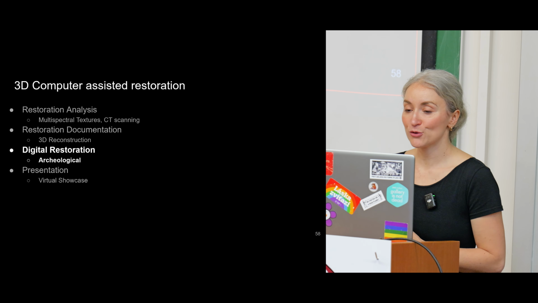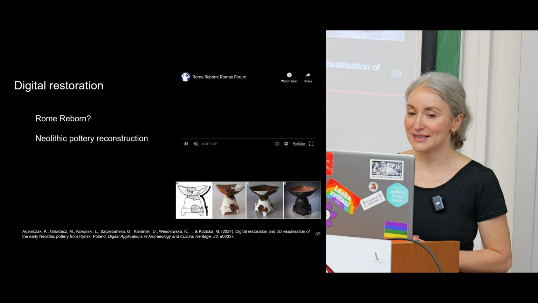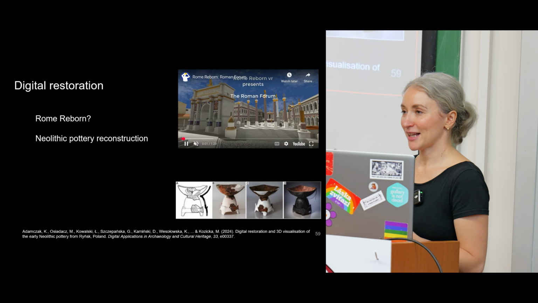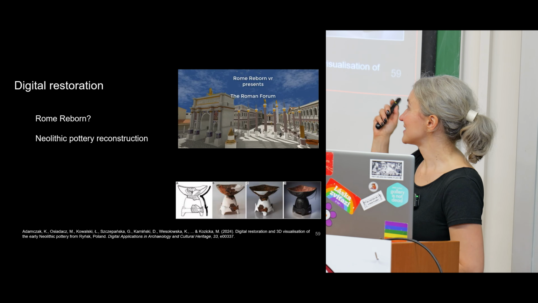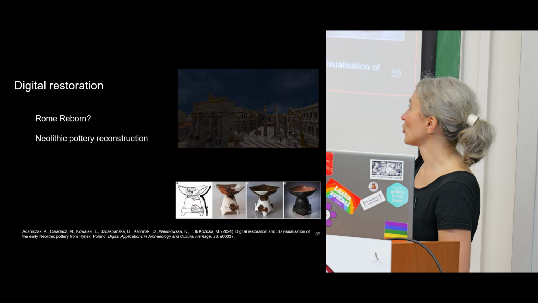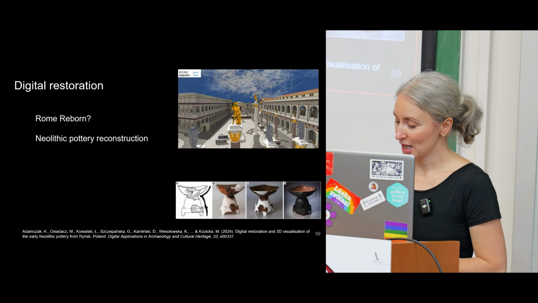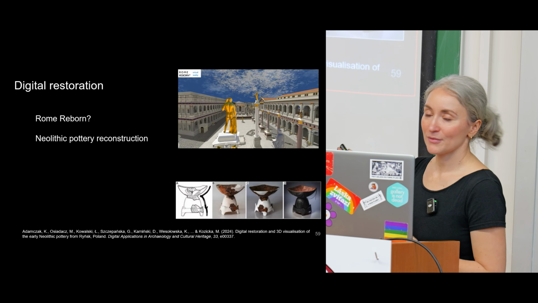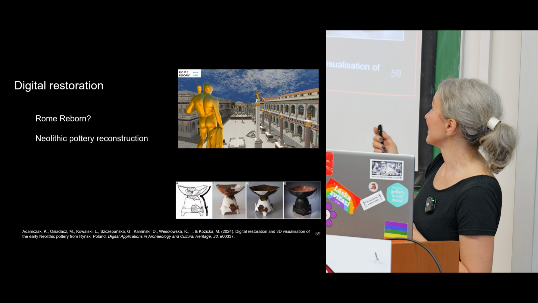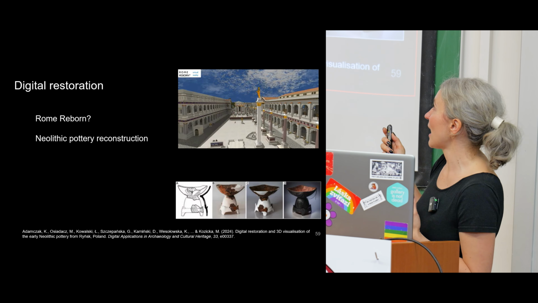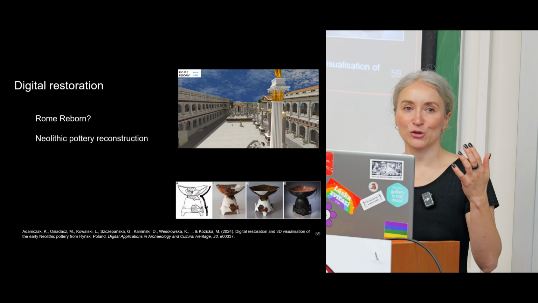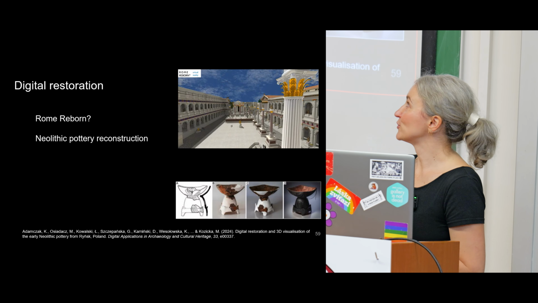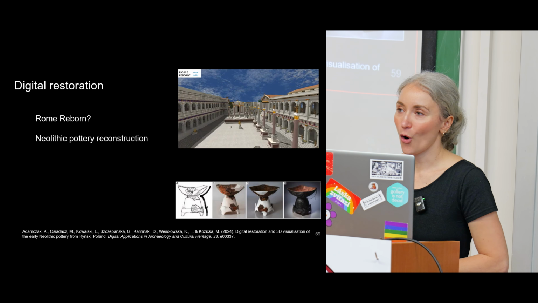Okay, so let's move to digital restoration. In this area, I haven't done any research yet. Maybe later, hopefully, but there are a lot of examples from the literature. We can also see an overlap with archaeology. For example, Rome Reborn is an archaeological reconstruction of the Forum Romanum in Rome.